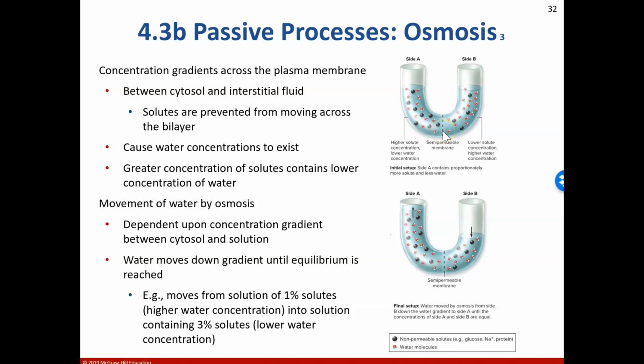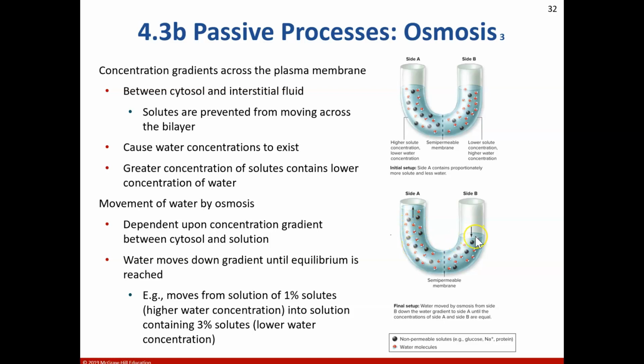So the concentration gradient is going to cause our water concentrations to differ within these two different spaces. The greater concentration of solutes contains a lower concentration of water. So notice this is our situation before osmosis takes place. Then when osmosis, or the movement of water, takes place, we are going to see that water is attracted to those increased numbers of solutes.